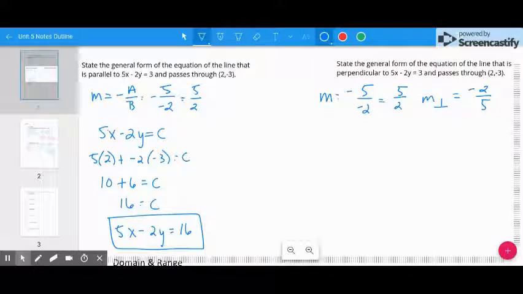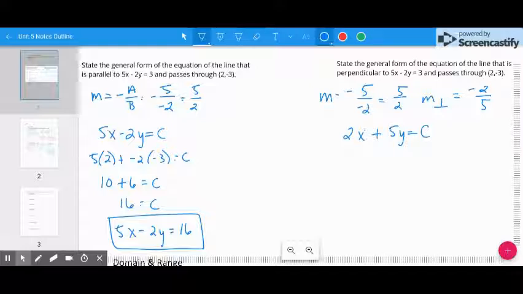Now, how does that look in standard form? Well, remember that the slope in standard form is the opposite of A over B. So the opposite of A would be 2 times x plus, with B being 5, y, equals our standard form C value that we again have to solve for.